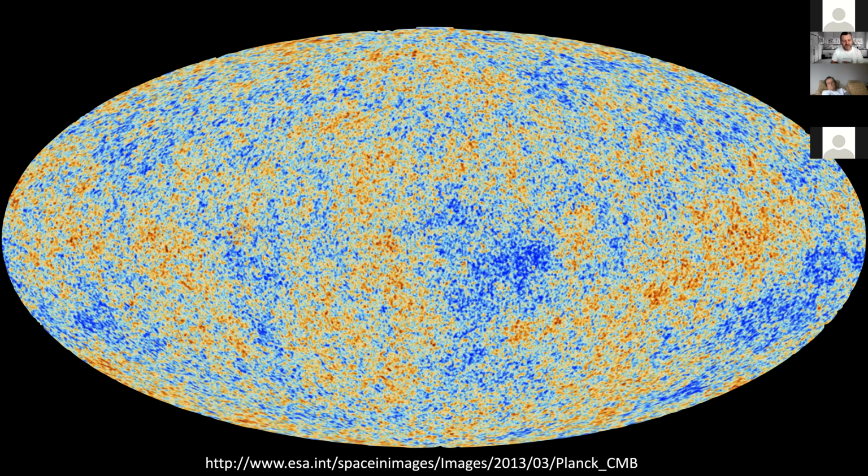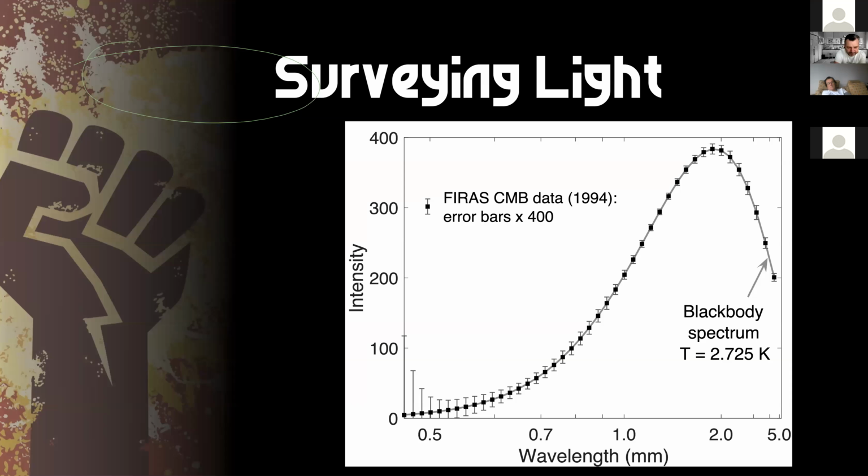What was important for this story, though, is what happens if you look at the spectrum of light that you get in the cosmic microwave background. So what we've got here is that the black squares are the data points. Okay, so again, this is the data. And of course, as every good scientist knows, it's not just the data point that matters, but also the size of your error bar.